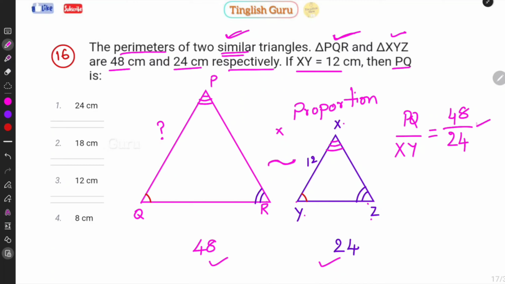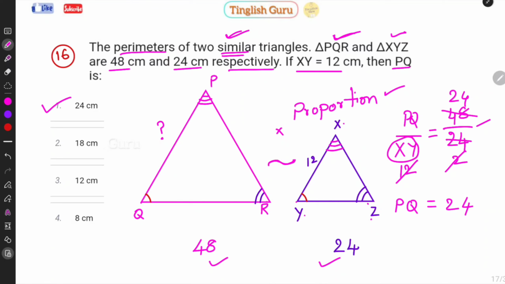If we write it like this, then it is called proportion. We have the value of XY, XY is 12. On cancelling, 12 2s are 24, and cancelling with 2, 2 2s are 4. So the value of PQ will be 24. That is option 1.